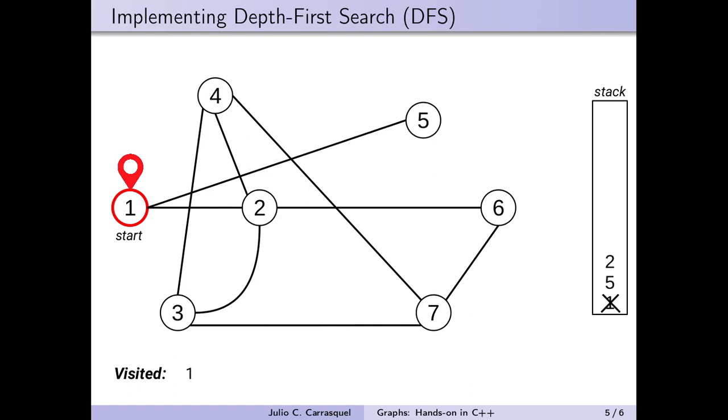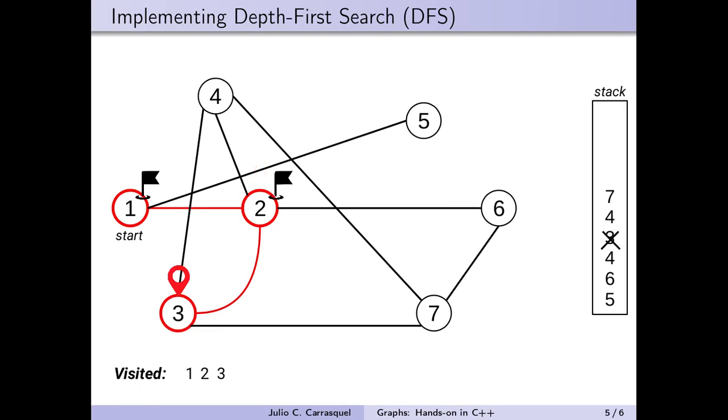So we take out 1, mark it as visited, and push in the stack the neighbors of 1, which are 2 and 5. Then we repeat the procedure. We take out 2, and we push in the stack the neighbors of 2, which are 3, 6, and 4. Then we repeat the procedure. We take 3, and we ask for the neighbors, and so on and so forth.